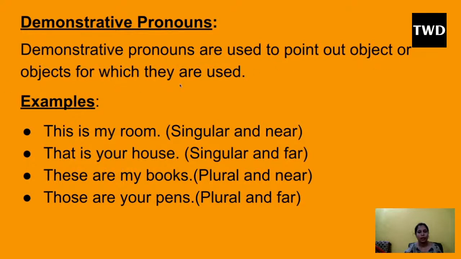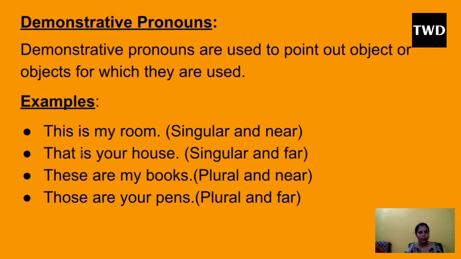For example, this is my room. What is the meaning of this? The moment we say this, that means whatever we are talking about is near to us, and it is singular. Something only singular we are talking about, and it is near to us.